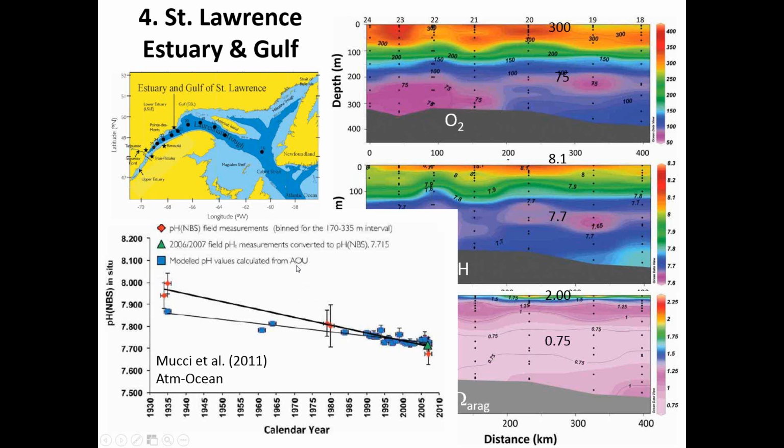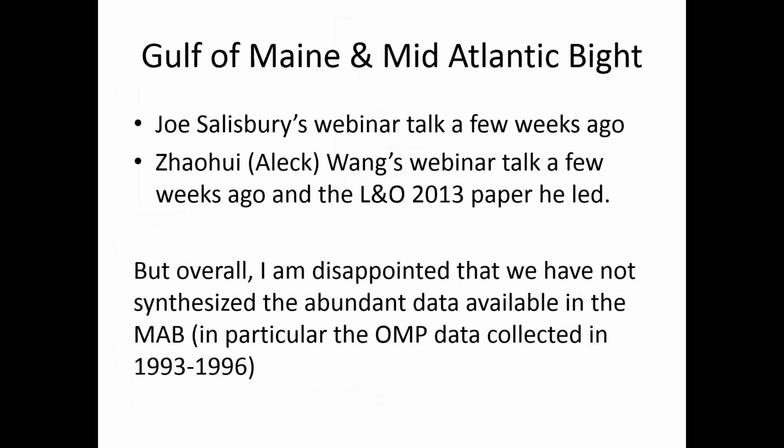He used the so-called AOU, apparent oxygen utilization data, to back-calculate the history of ocean acidification, or should we say acidification, in this estuary. So he used this model to calculate the bottom water pH all the way back to the early 1930s. Again, it shows this nice pH decrease. And later when I show you the Delaware Bay result, we can also talk about this long-term trend.